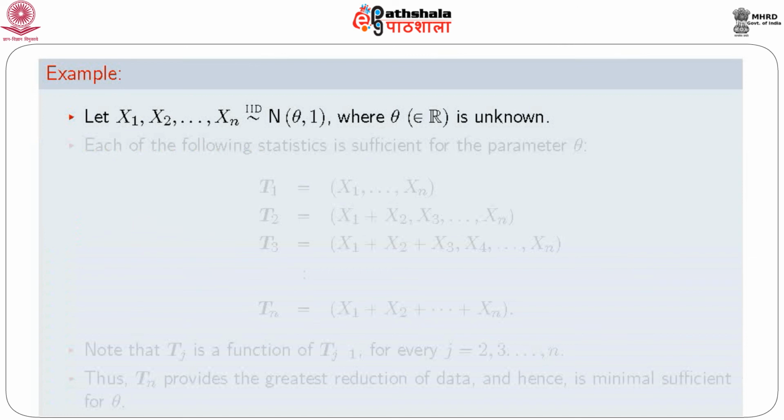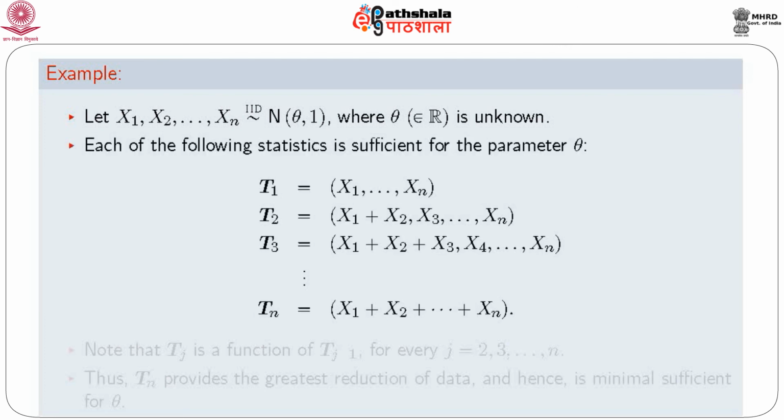Let X1, X2, ..., Xn be independently and identically distributed random variables. Each follows normal with mean theta and variance 1, where theta is the unknown parameter, theta belonging to the real line. We consider n statistics T1, T2, ..., Tn, where T1 is the whole data set X1, X2, ..., Xn. It is an n-dimensional statistic.